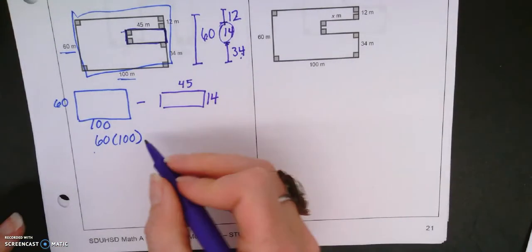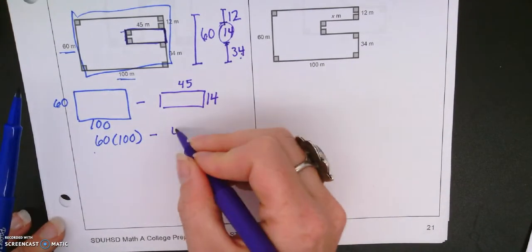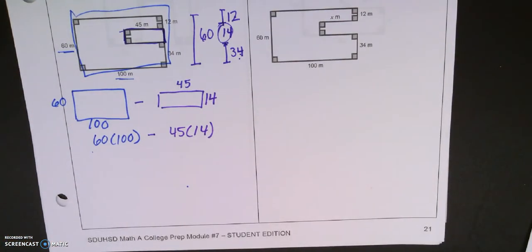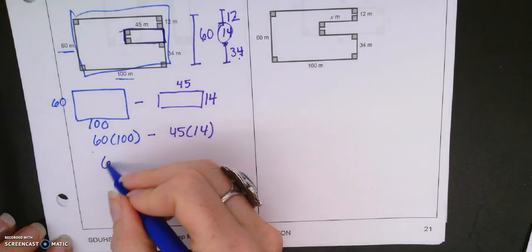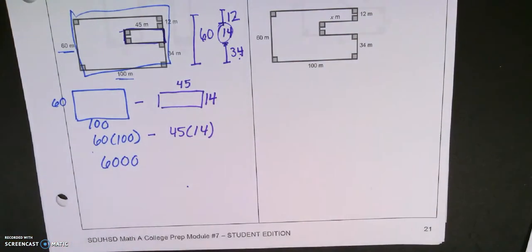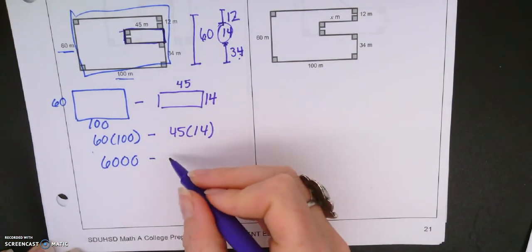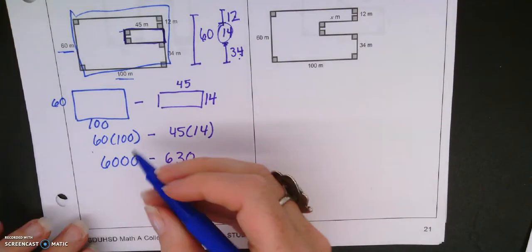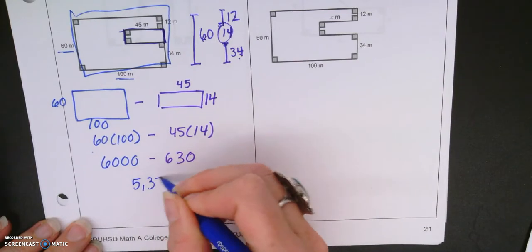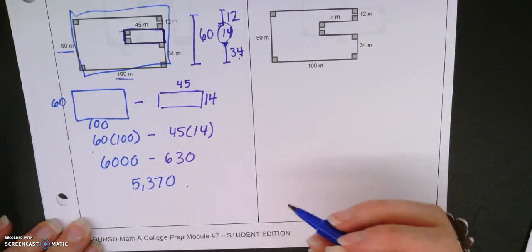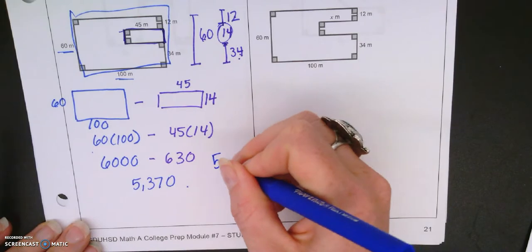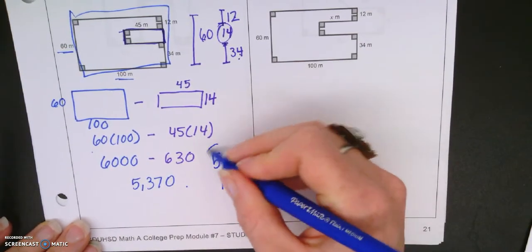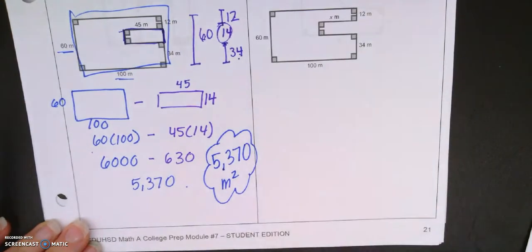And then we're going to subtract the area of our smaller rectangle, which is 45 times 14. Excellent. Grabbing your calculators, that's going to be 6,000 take away 630. And when you subtract that, you get 5,370. Let's write that as the answer now: 5,370 square meters, or meters squared, because this is area, 2 dimensions.